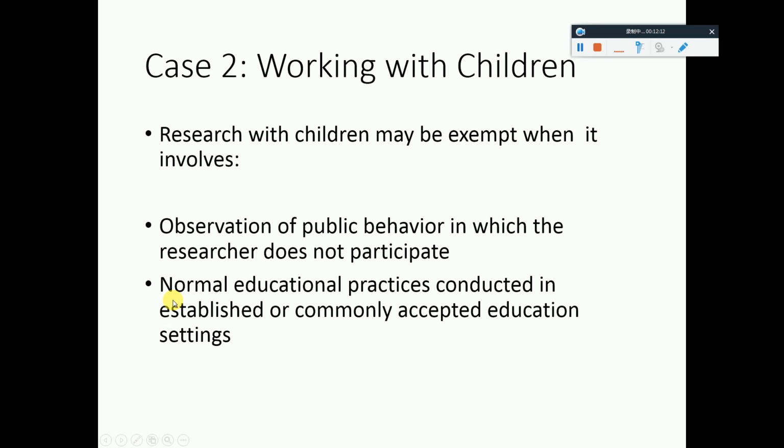A second type of exempt review study will be normal educational practices conducted in established or commonly accepted educational settings, such as certified teachers teaching in school. The use of educational testing, for example, all the standardized test instruments applied to children, SAT, whatever, those can be allowed.